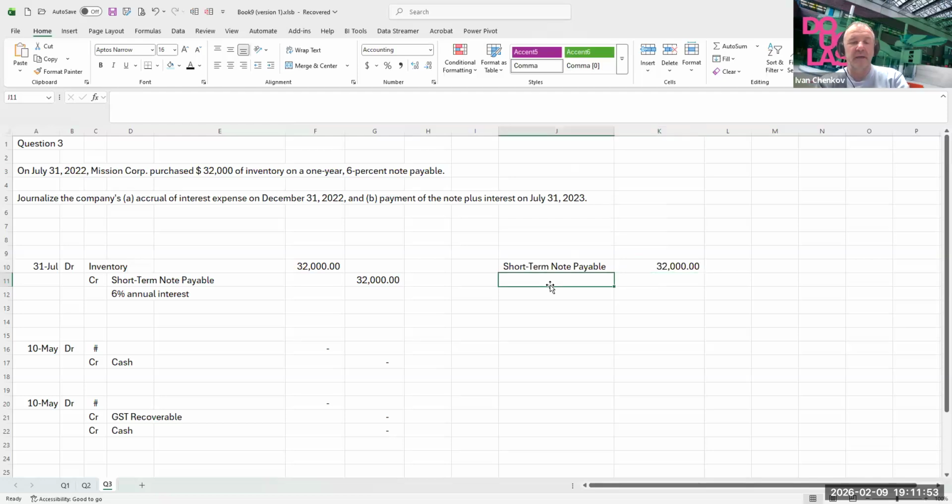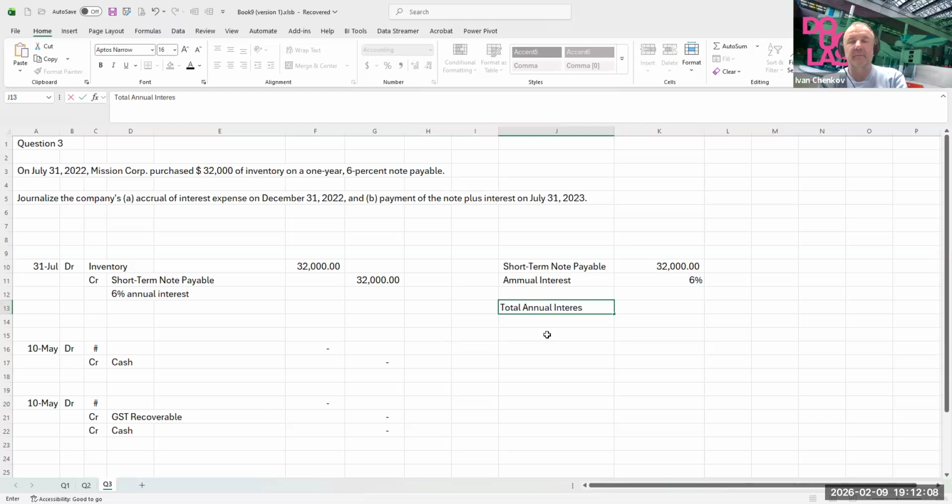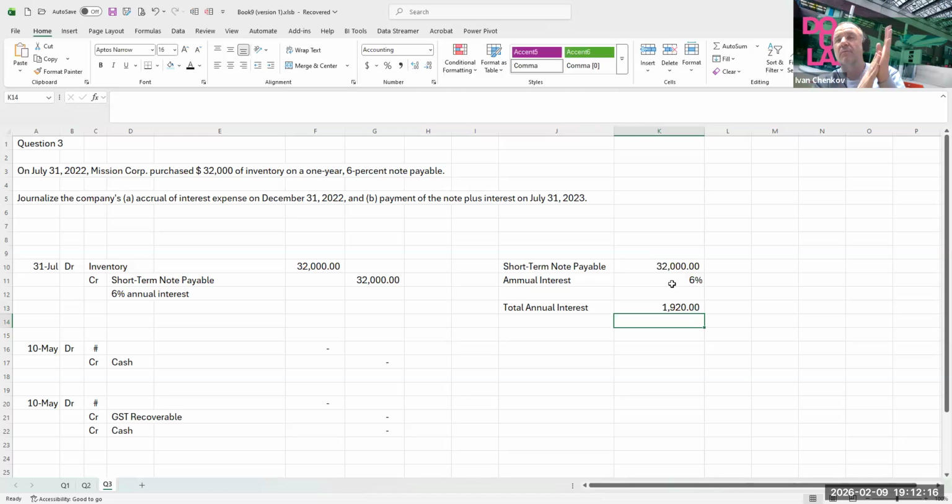Annual interest is 6%. Now, in total, the annual interest is going to be 32,000 times 6%. It's going to cost us $1,920.